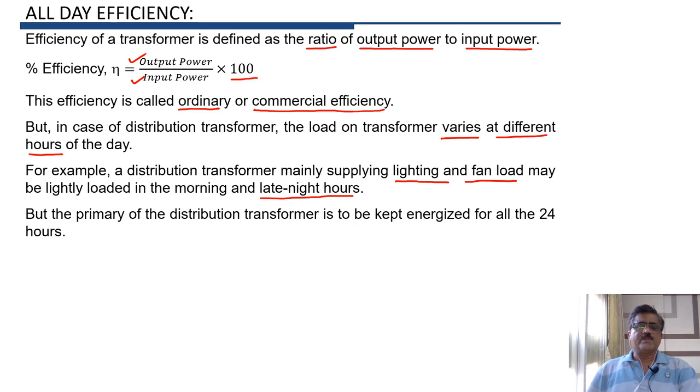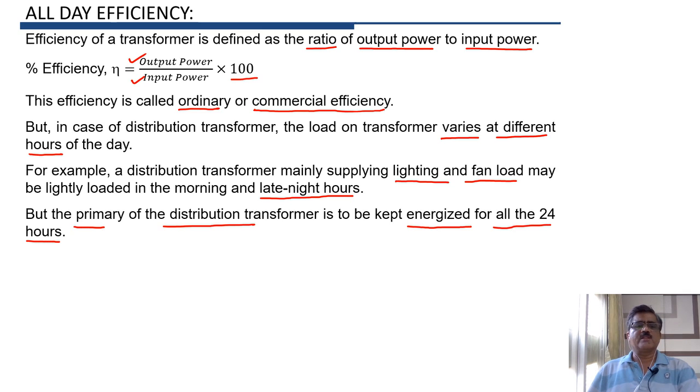But even if the load on transformer is very low, we have to keep the primary of distribution transformer energized. Means primary must be connected to rated supply even if the load on transformer is very low, and this primary is to be kept energized for all the 24 hours.